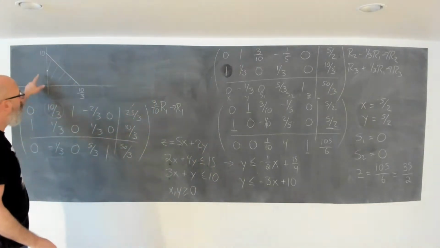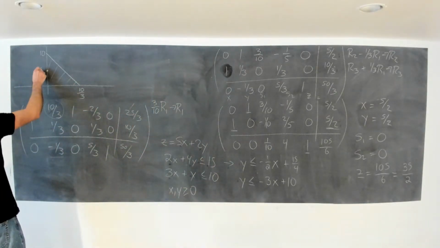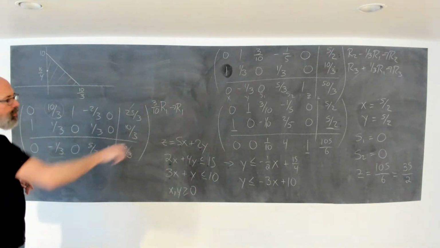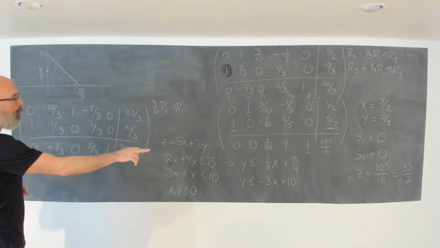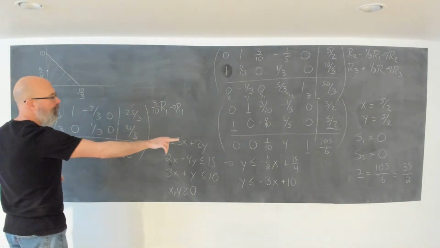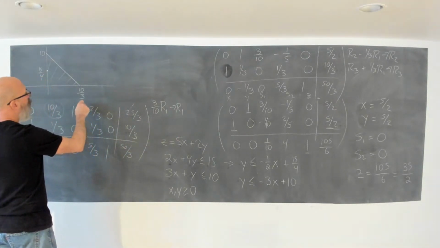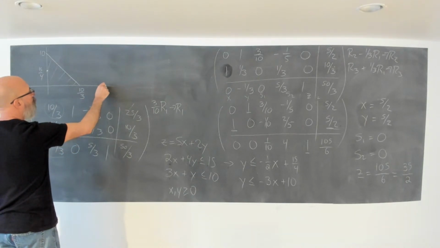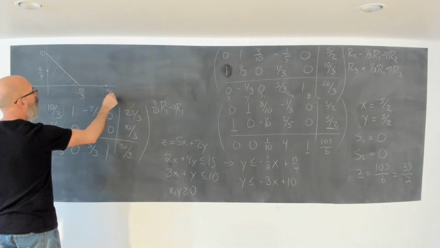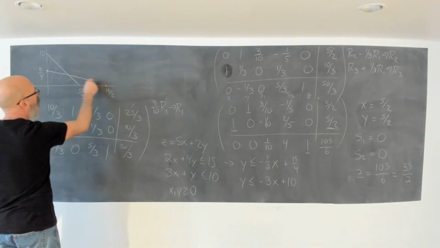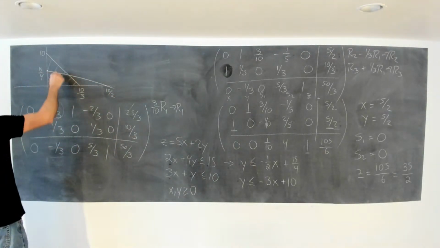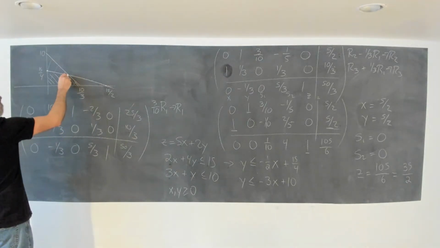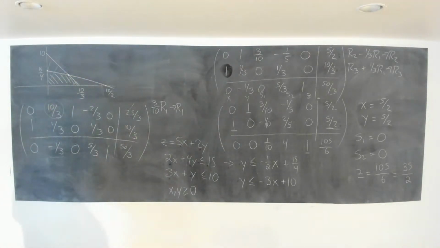This is 15 over 4. Still negative slope, but it crosses the x-axis at 15 over 2, which is 7.5. So right here. And again, it's the stuff underneath. So this is going to be our feasible set.